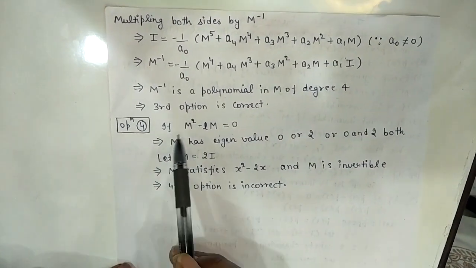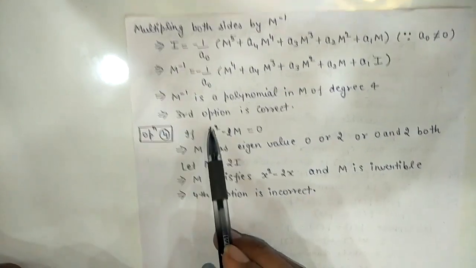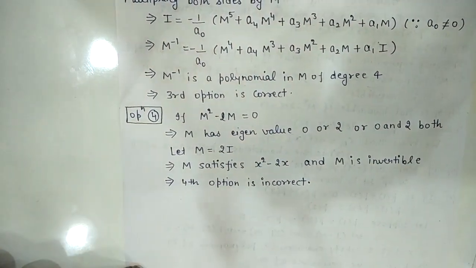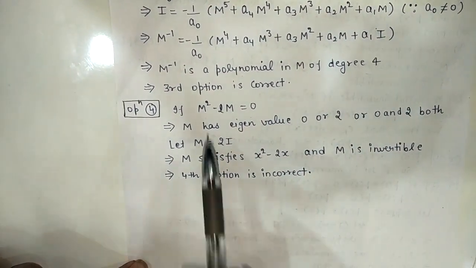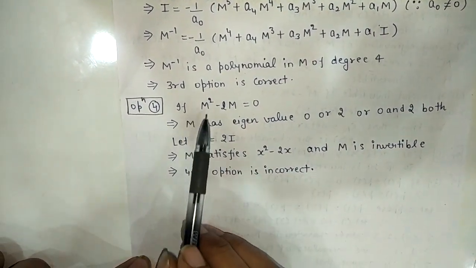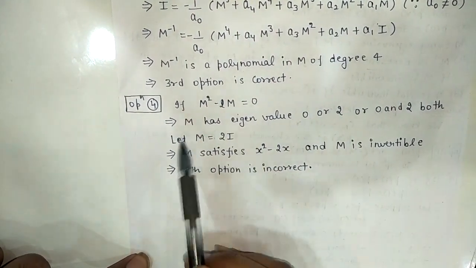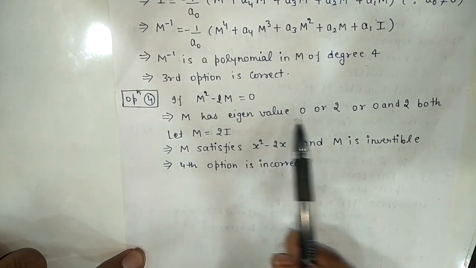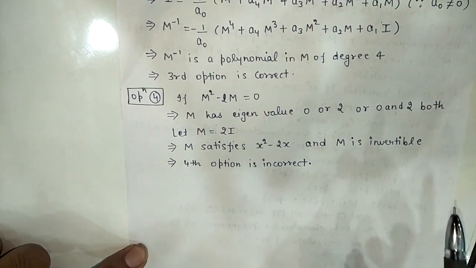Now we come to the fourth option. The fourth option says that if M square minus 2M is equal to 0, then M should not be invertible. So we take M square minus 2M equal to 0. This says that M can have eigenvalues either 0 or 2 or both 0 and 2.